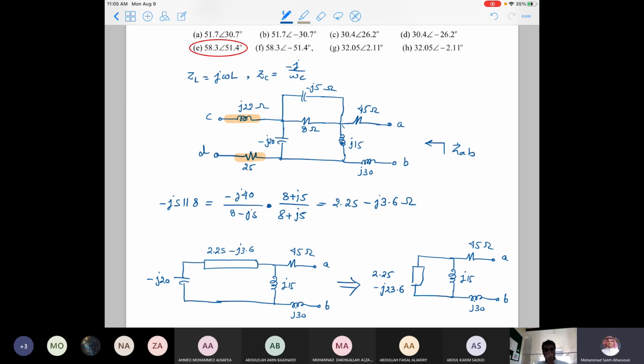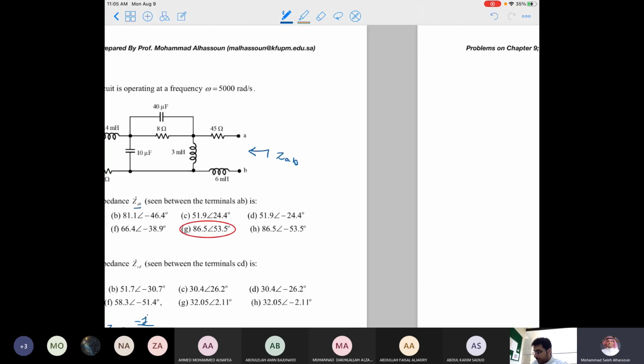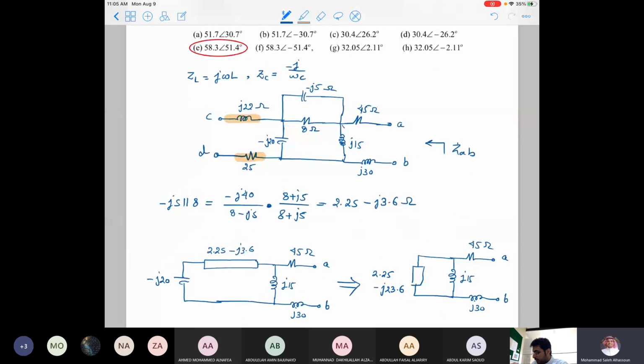Okay, so the next step now is to take the parallel combination of 2.25 minus J23.6 with J15. And the parallel combination of those will result in, I'm not gonna spend time on it. It's something that we are all familiar with. So you take this value, multiply it by J15, divided by the summation of 2.25 minus J23.6 plus J15.